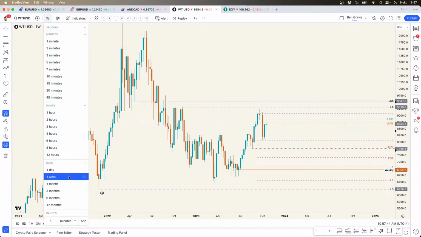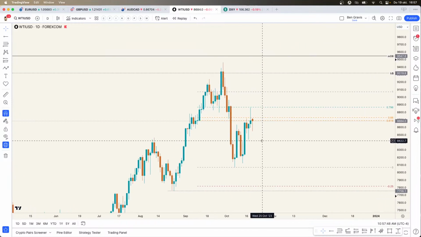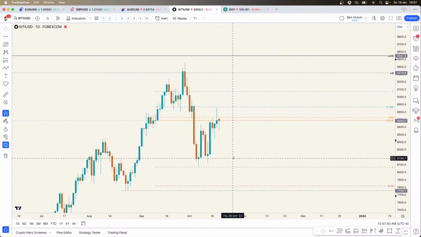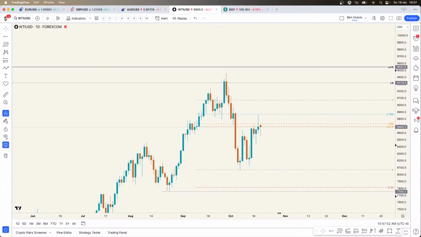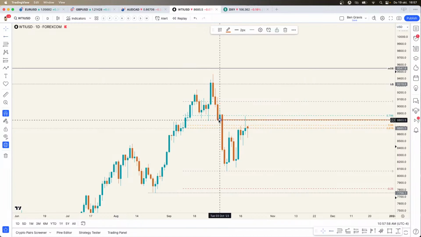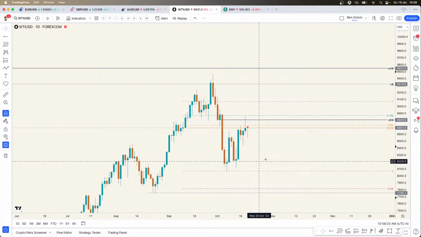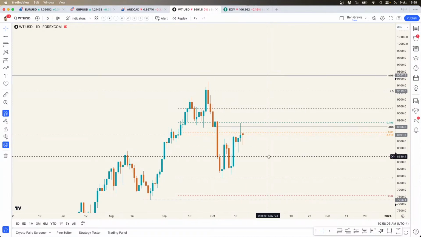Okay, so onto the daily chart. I will be seeking shorts, but I will have the daily chart to tell me if it is possible or not. We have this daily OB, the last up candle before the down move, acting as resistance right now.